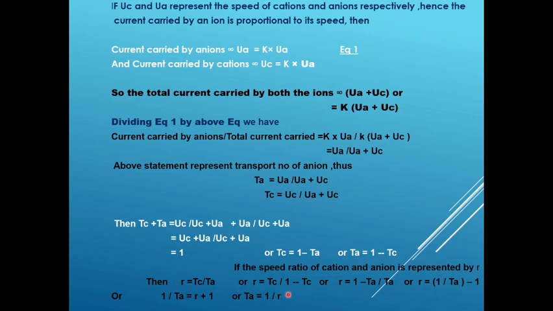By putting the value of Ta as 1 minus Tc, we get a new formula: R, the speed ratio, equals Tc divided by 1 minus Tc. In the same way we can get all these formulas, and we will use them in solving numerical problems. So remember all these formulas, they are very important.